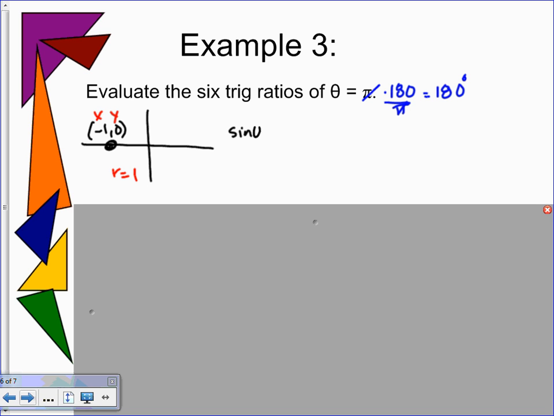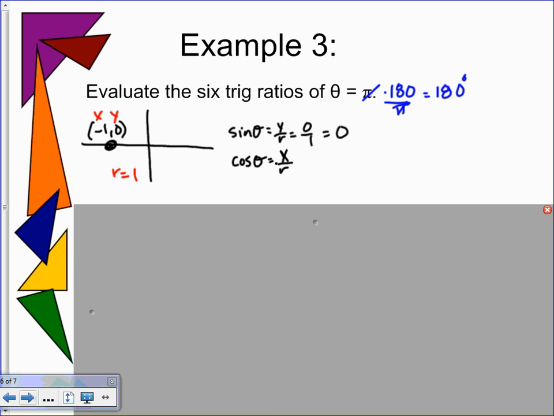The sine of theta is y over r. That's 0 over 1. Okay, 0 over 1. So 0. The cosine of theta is x over r.